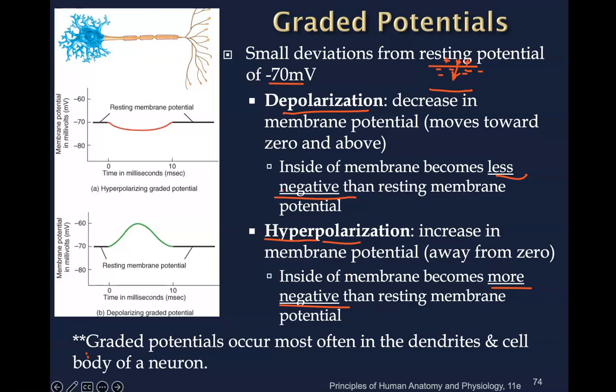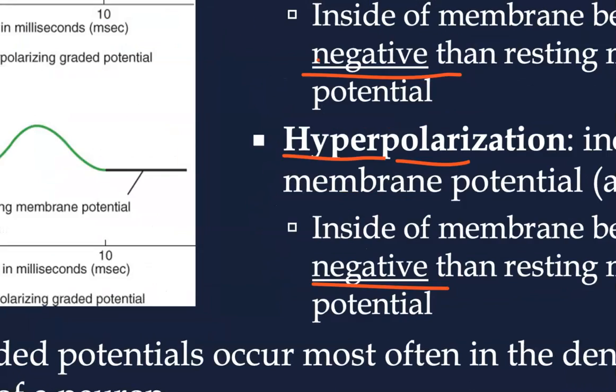Graded potentials are localized changes occurring in the dendrites as well as the cell body. When we talk about an action potential, an action potential is going to be in the axon. So keep that in mind as we go through this lecture.